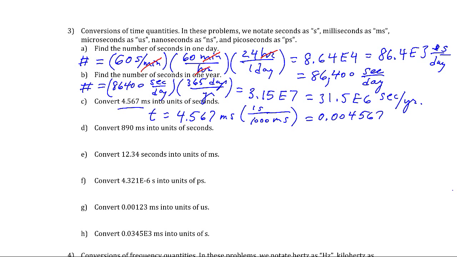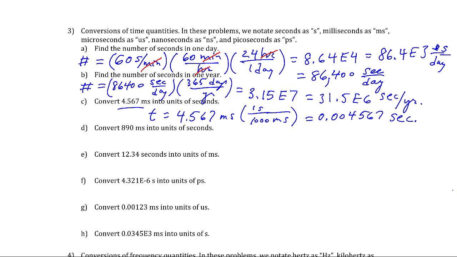Then that's how many seconds are in 4 milliseconds, and it makes sense. It's just 3 decimal places over. Okay, and so seconds. That's all there is to that one.